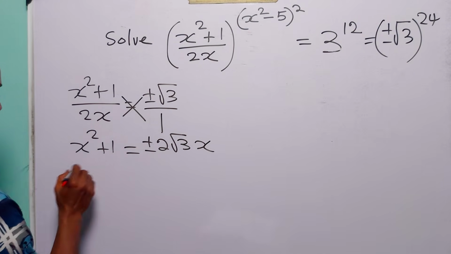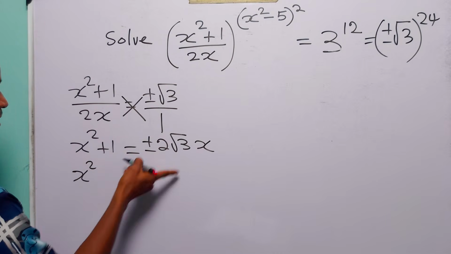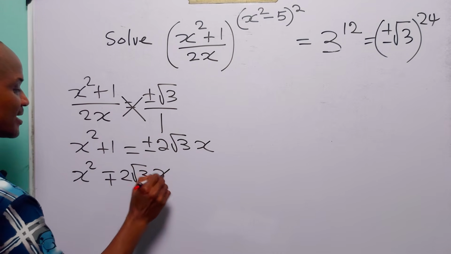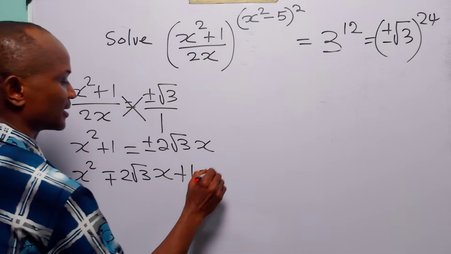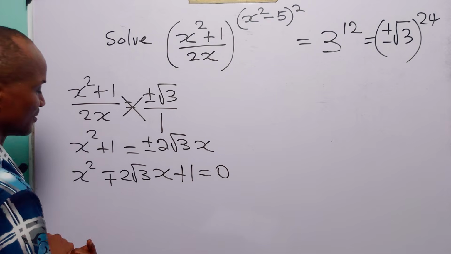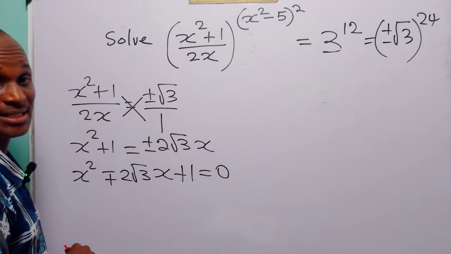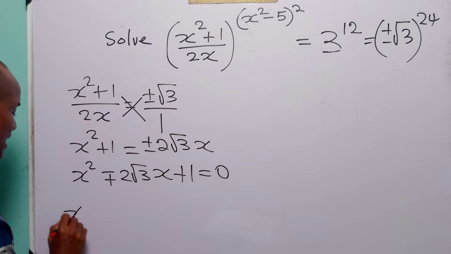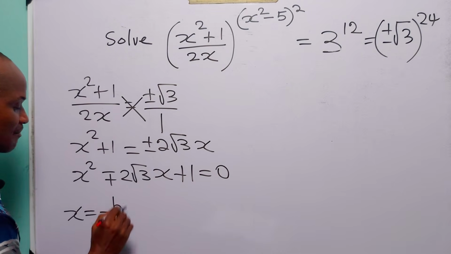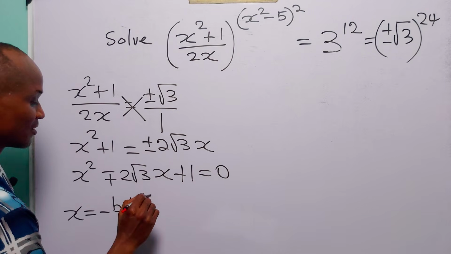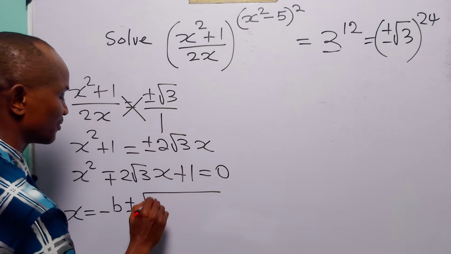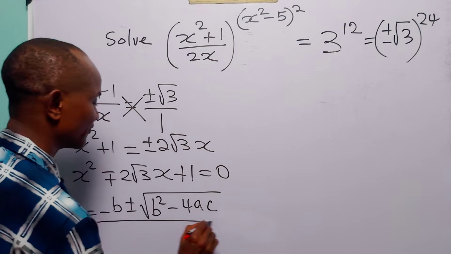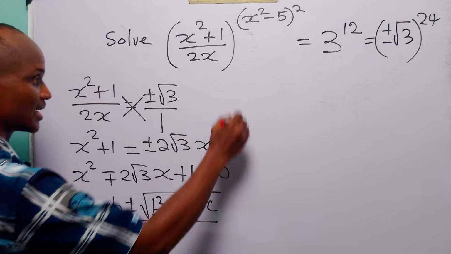Rearranging this quadratic equation, we have x squared minus or plus 2 root 3x plus 1 is equal to 0. Now we can solve this quadratic equation using the quadratic formula. We have that x is equal to minus b plus or minus the square root of b squared minus 4ac, divided by 2a.